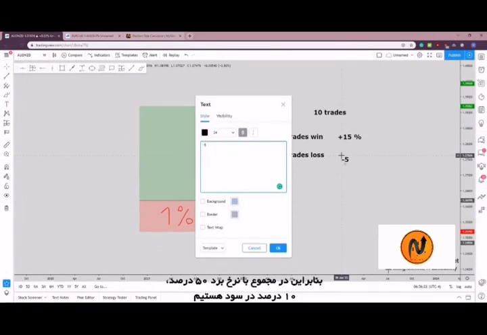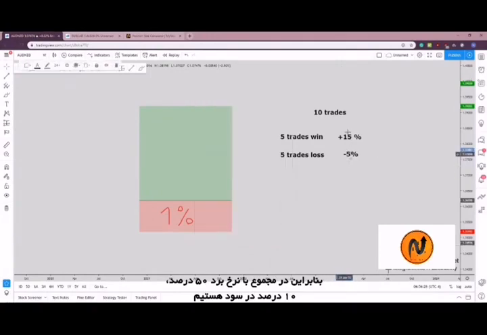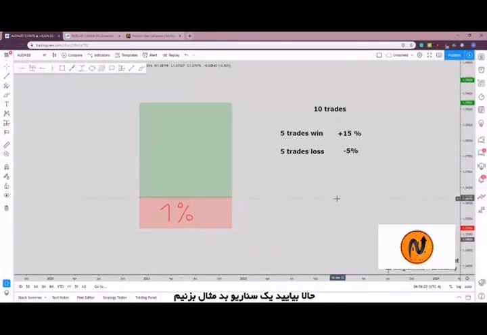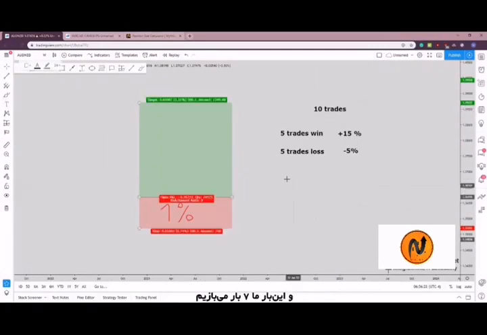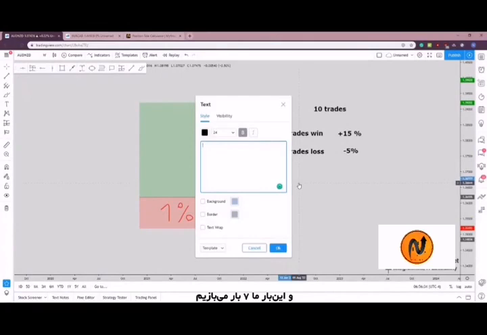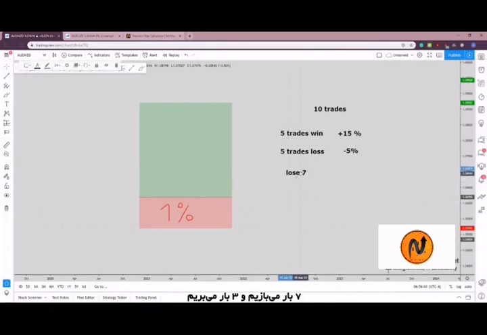So overall, with only a 50% win rate, we are up 10%. Now let's make an even worse scenario. We take 10 trades, and in this case we lose 7 trades and we win 3.